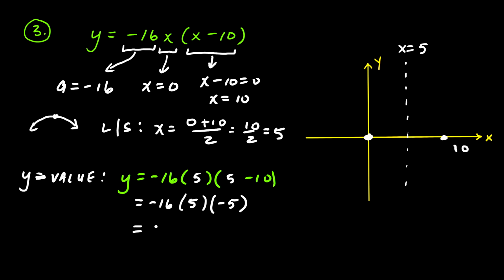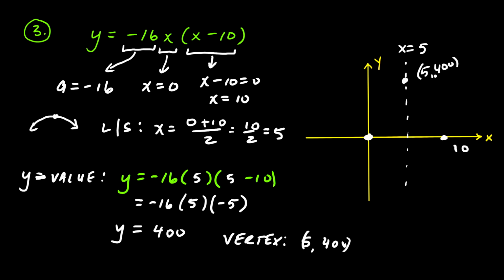So we're left with 400. So our vertex will be located at 5, 400. Again, we can just label that here, not using a y scale. As long as we label it, we should be okay.